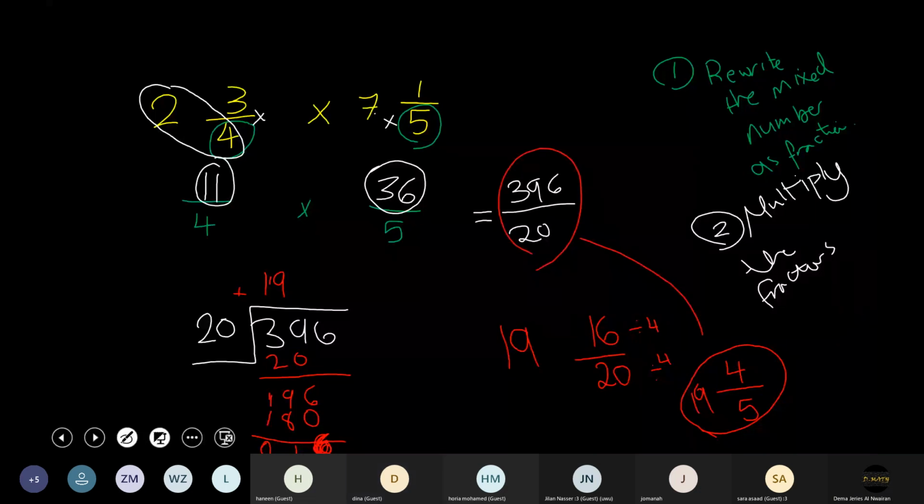Teacher, I didn't understand some parts. Which one? Like when you turn the 396 out of 20 to a whole number and like that, and I didn't understand some parts too.